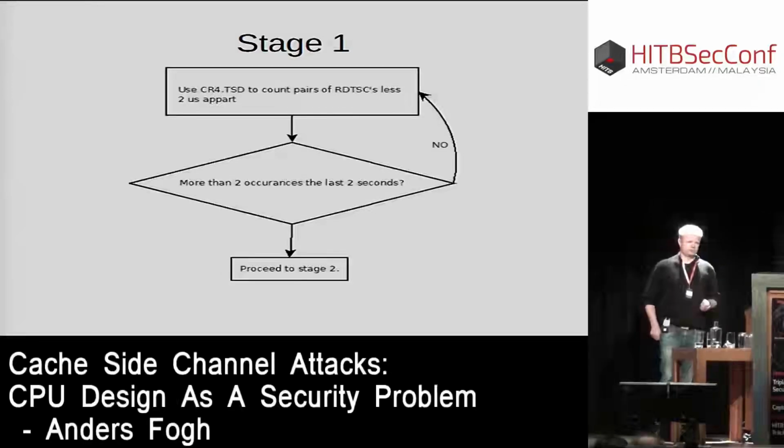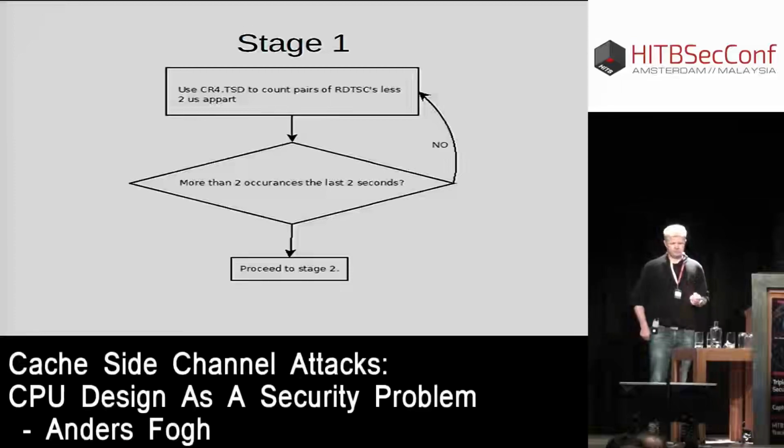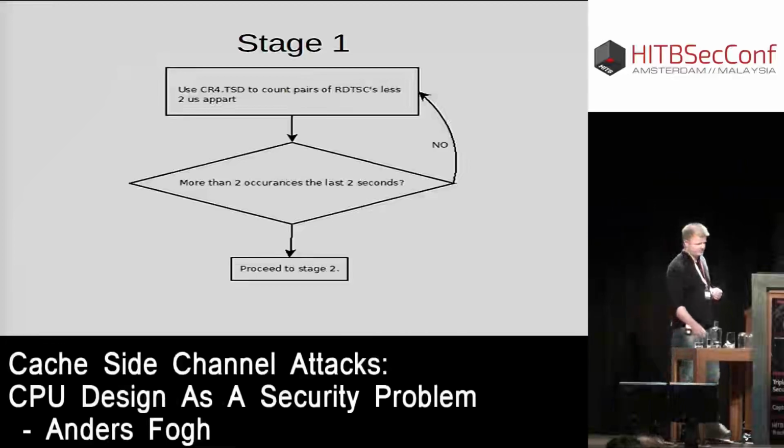If we get more than 2 occurrences of that in 2 seconds, we should proceed to stage 2, which is detecting the CL flush instruction. If we do not, we just do it again to make sure that nobody is starting a new CL flush attack.